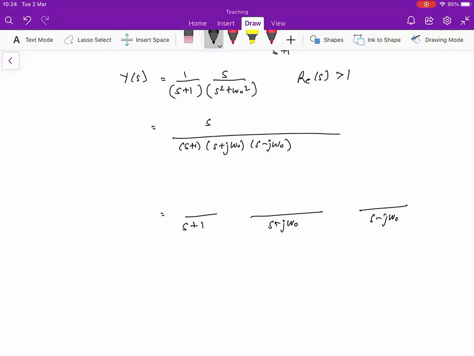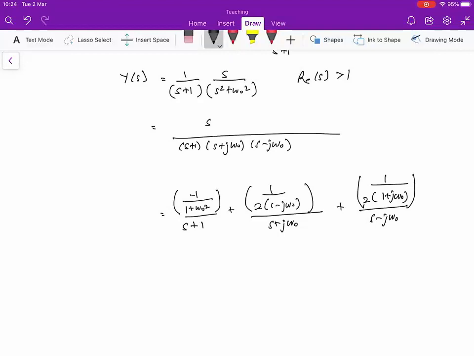When we expand it, if my math is right, it's minus 1 over 1 plus omega naught squared times 1 over s plus 1, plus 1 over 2 times 1 minus j omega naught, and that's the term over here. Plus, and this is symmetric, 1 over 2 times 1 plus j omega naught. And so we get these three terms.